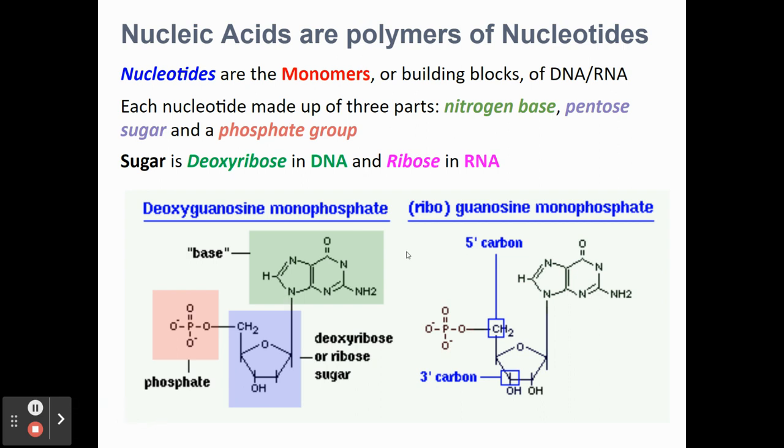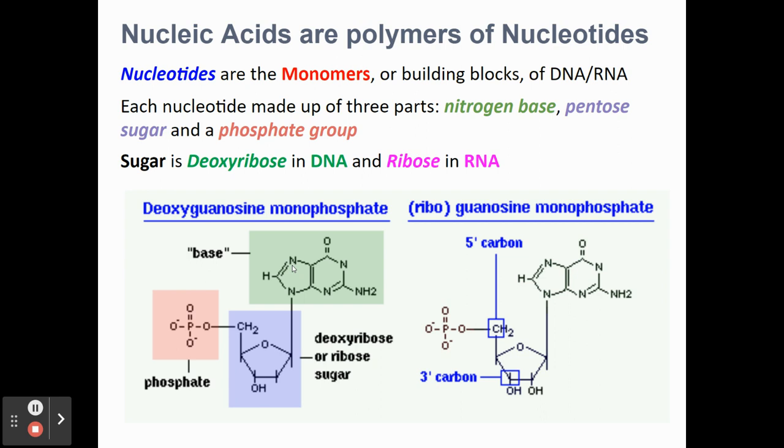We have a phosphate group, we have a 5-carbon sugar, and then we have the nitrogenous base. There are 4 different DNA nitrogenous bases and 4 different RNA nitrogenous bases. One base, thymine, is unique to DNA, and another base, uracil, is unique to RNA.